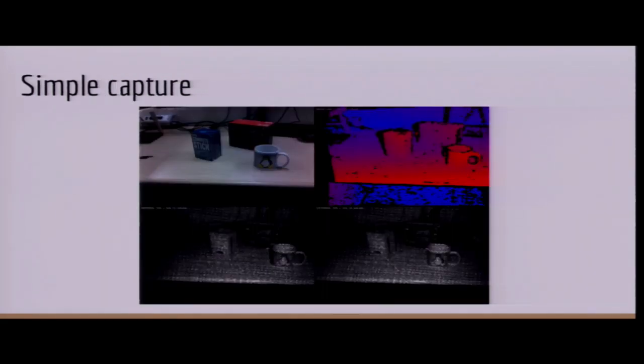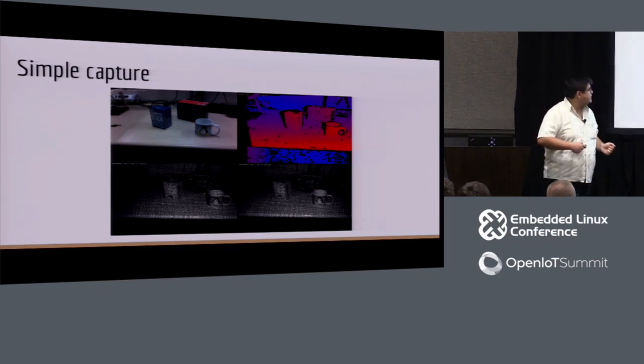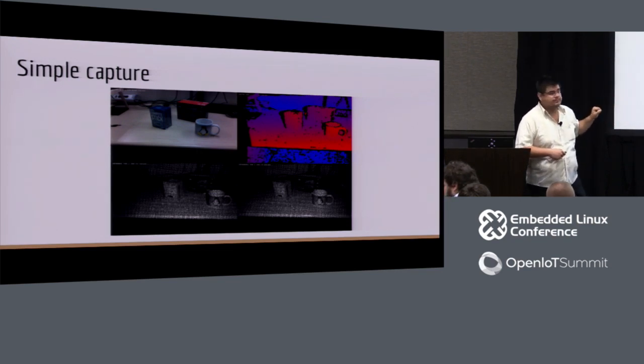Well, here is an example of a screen. As you can see, here are the RGB images, here is the depth map, and here are the 2 IR cameras. It looks like a noisy image, but you are viewing the dots that are projected by the camera.